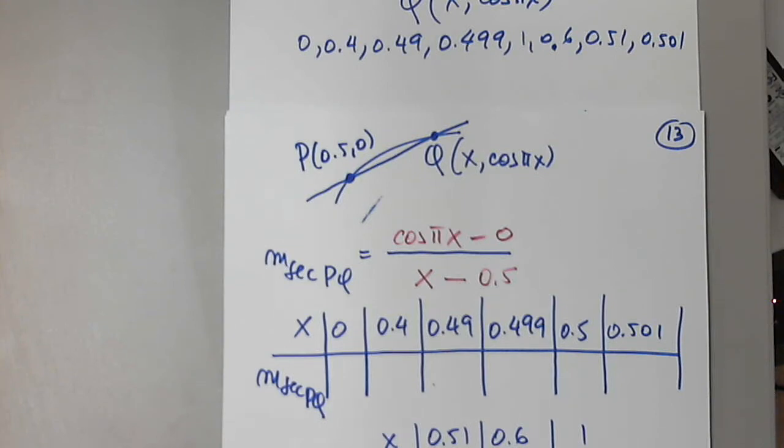However, because it's minus 0, there is no operation there. There is just one term, so you don't really need parentheses right now for the top. So cosine pi x, make sure your mode is in radians, cosine pi x divided by, in parentheses, x minus 0.5. Close the parenthesis.